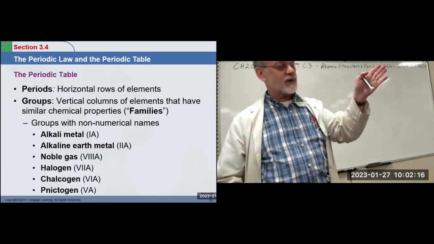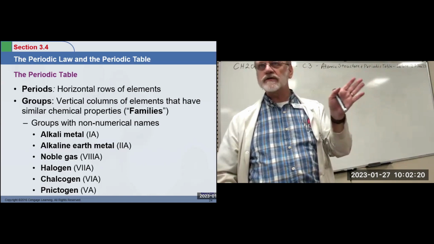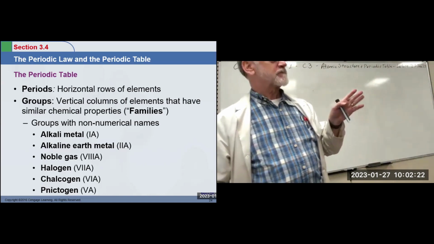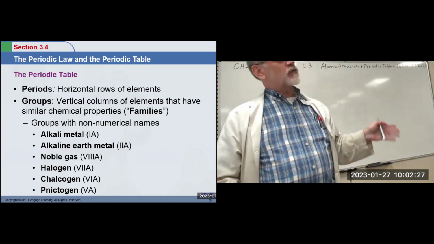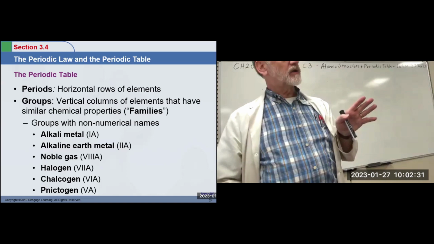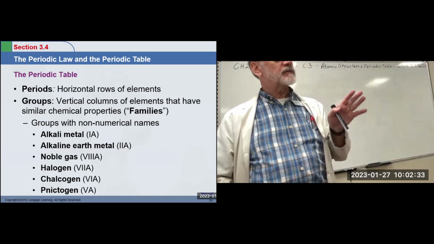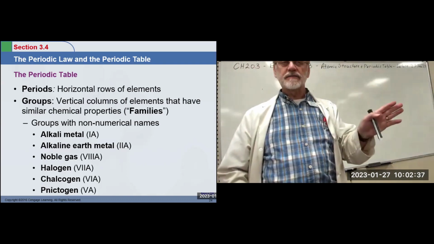The next one over to the right are the alkaline earths, or the alkaline earth metals. Either one is fair. And then you go to the far right, you get the noble gases. All of those elements, helium, neon, argon, krypton, xenon, radon, are all gases.